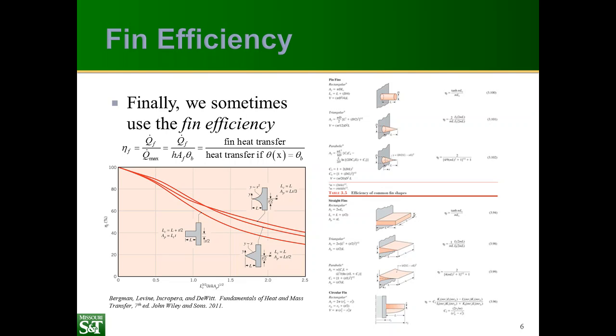In fact, in some cases it's better, but they're much, much more expensive, and so it may be a better option for your application. Let's also note that the only real difference here is the area involved. The fin efficiency is based on the fin area, and the fin effectiveness is based on the base area. So we can actually relate the fin effectiveness to the fin efficiency by looking at the ratio of those two areas.